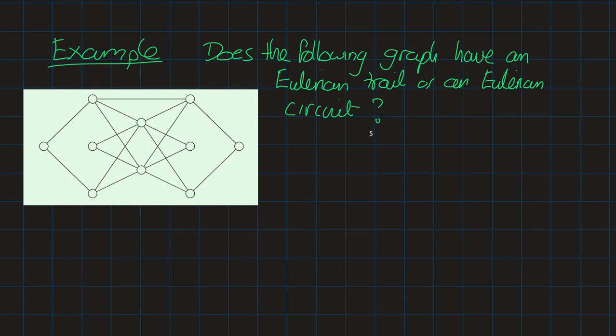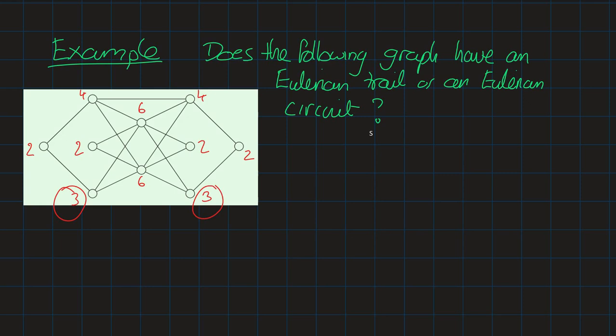Let's just calculate the degrees. 2, 4, 4, 2, 3, 3, 2, 1, 2, 3, 4, 5, 6, 2, 6. Now, what are the odd numbers? I see there's a 3 and a 3.